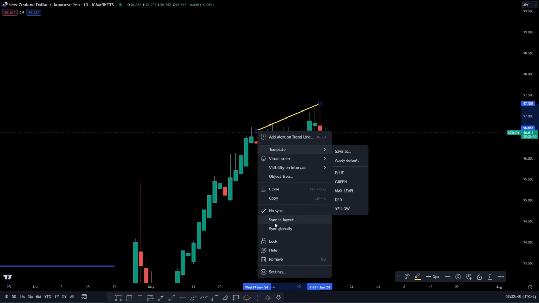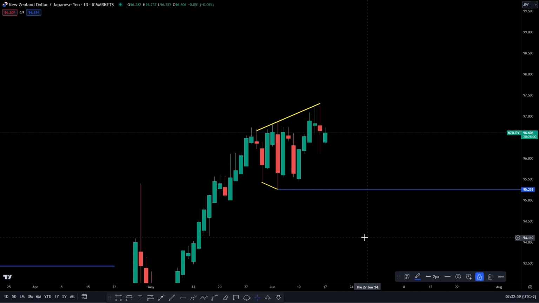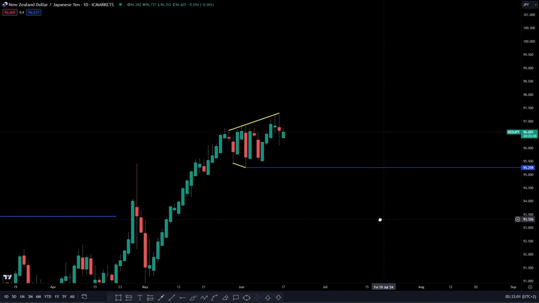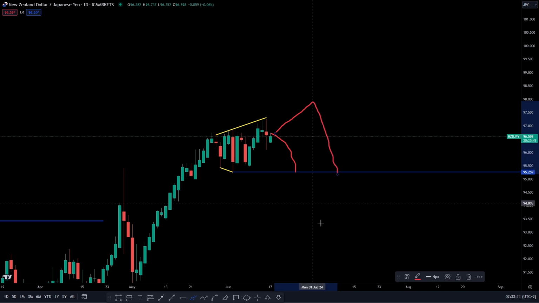Okay, we have this expanding channel. It looks like an expanding, so this is interesting. Here's the low of the pattern. So now looking at this, yes, it's probable the price can drop right away or price can push up before dropping.